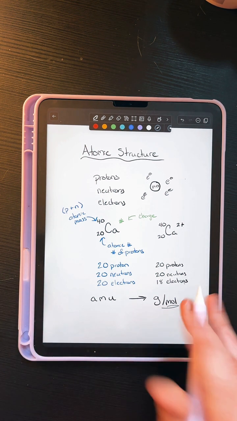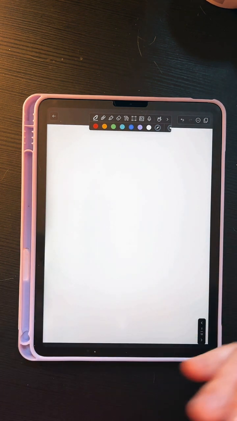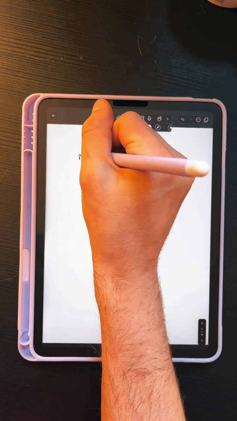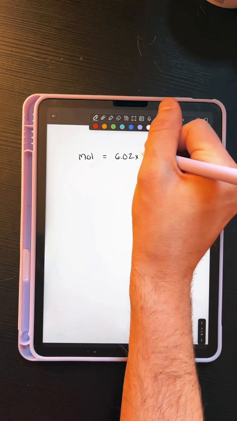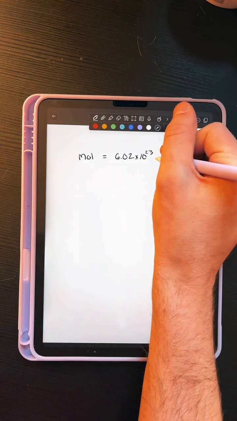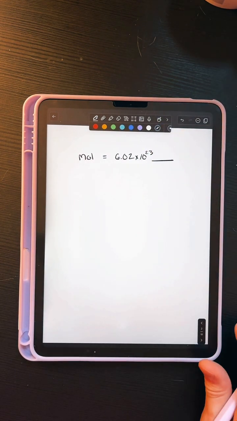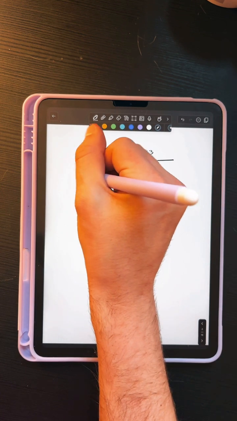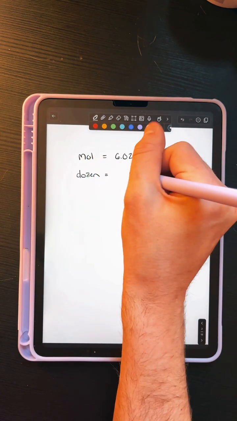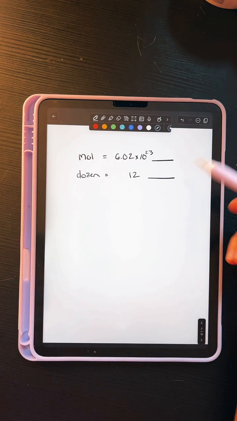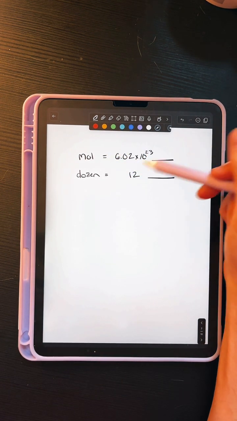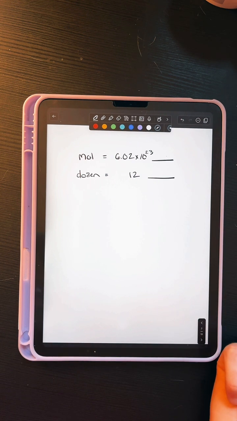A mole is something similar. Instead of 12, it is a very large number. So 1 mole equals 6.02 times 10 to the 23rd something, just like a dozen equals 12 something. That's all a mole is. A mole just tells us a number of something.